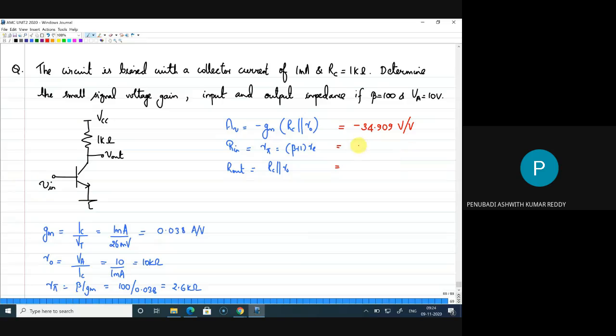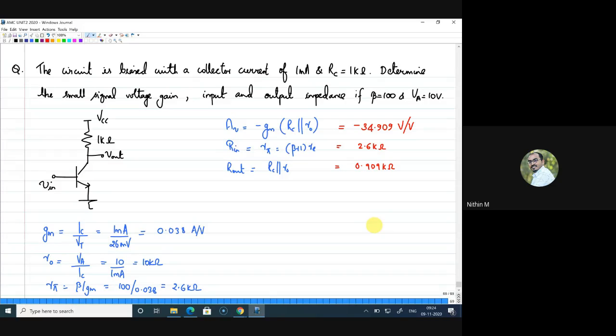R in is R pi, that is 2.6 kilo ohms. Very good. What is R out? 0.909 kilo ohms. Very good. So it is approximately 909 ohms. I hope this question was clear. If you have any doubts in this, you can post in the chat box. Otherwise, I'll give the next question.